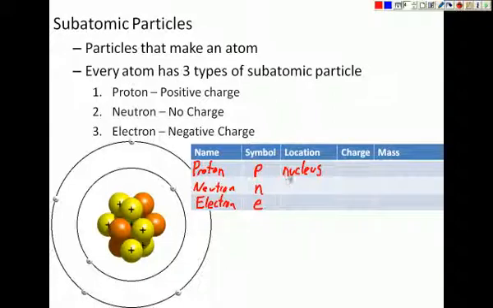Okay, because they're in the middle. Neutrons are also located in the nucleus, in the middle. Now electrons, they are outside. They're surrounding the nucleus. As we can see, they're not in the middle, so they are surrounding the nucleus.